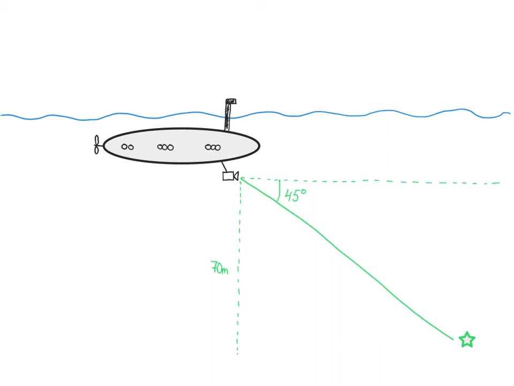Now, let's think about some different parts of this situation. We know that this is a right angle triangle, and so is this one. So we've put some little right angle symbols here. Now, this angle here is 45.